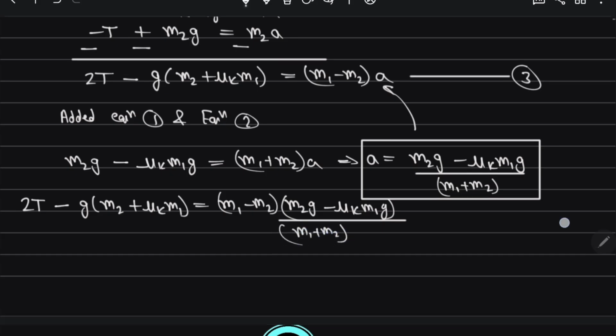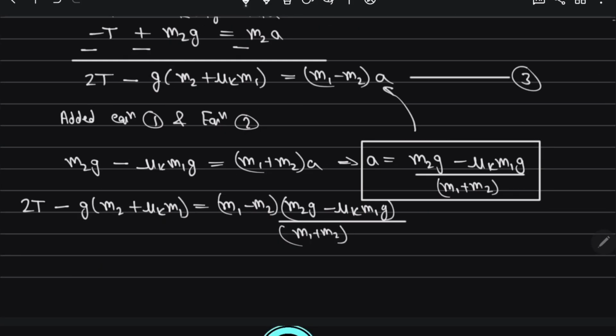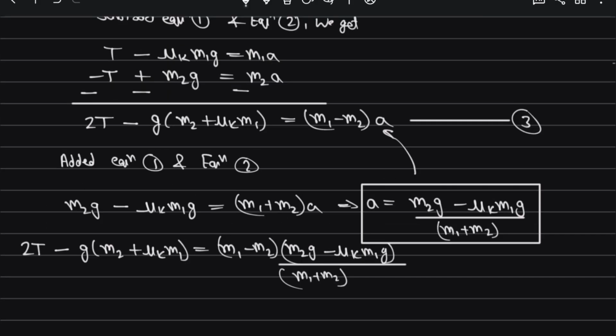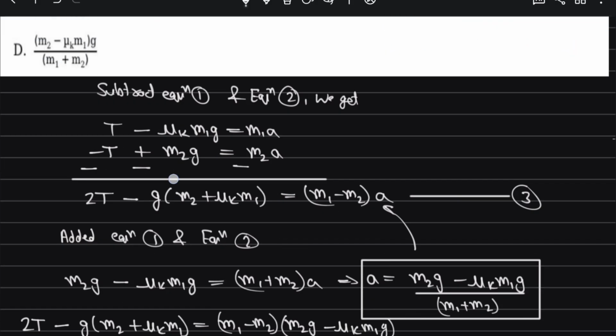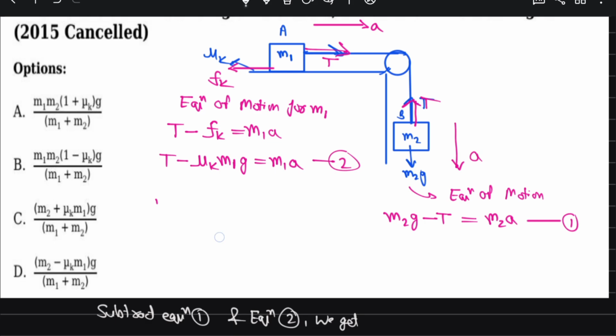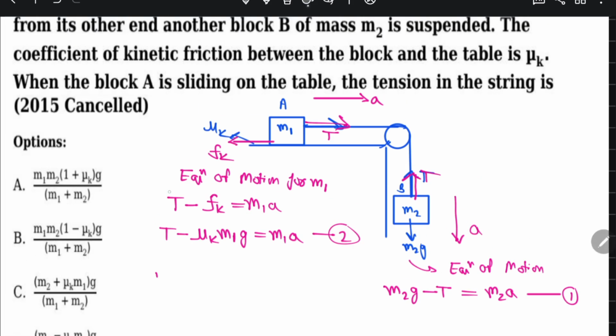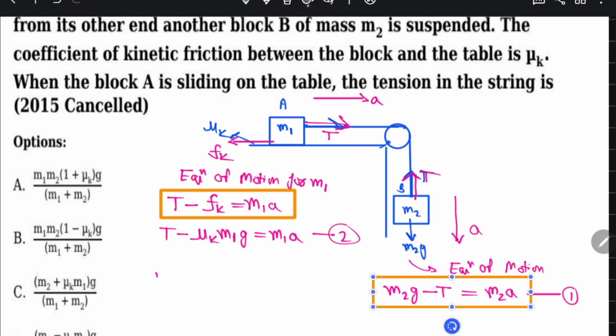So now you can solve it. This is only calculation, nothing more is required. Just the concept is this. Now you can do the calculation and you get the answer. The main thing is whether you can write this equation of motion or not. If you are able to write these equations of motion, after that only the calculation is required. You can do it, right?